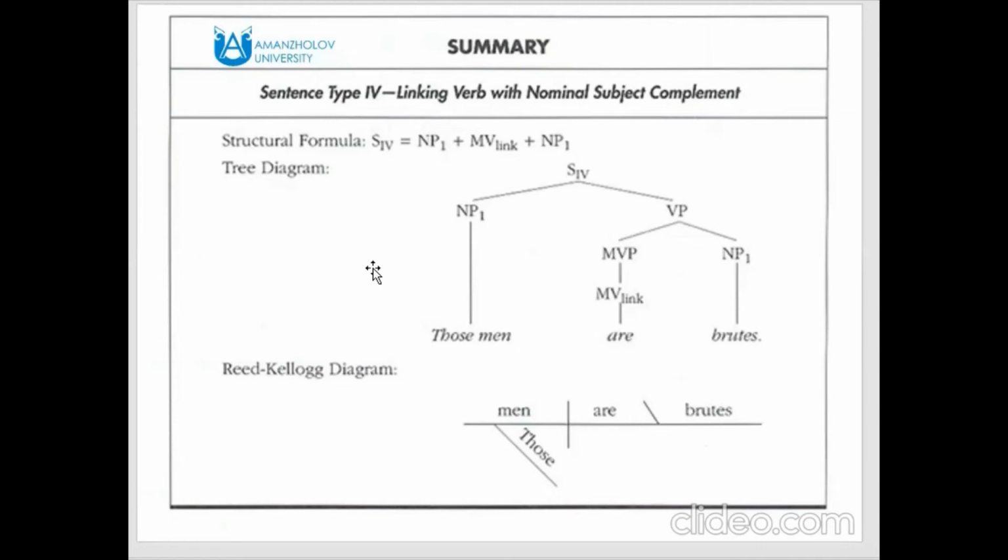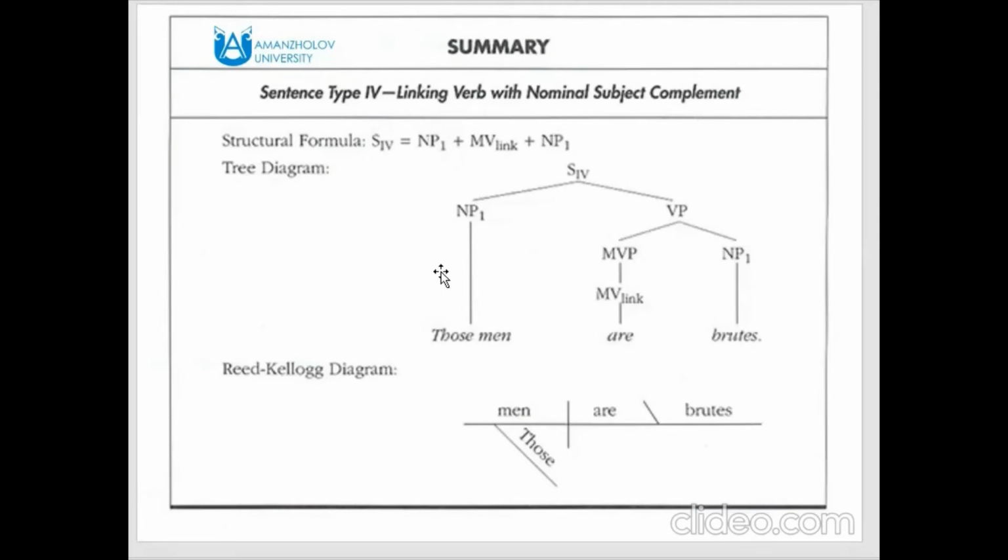Nominal means functioning as a noun. The noun or noun phrase that follows a linking verb in a type 4 sentence always has the same referent as the subject. That is, it always refers to the same person, place, or thing as the subject noun phrase.